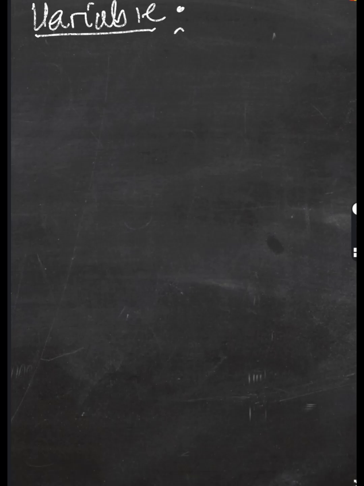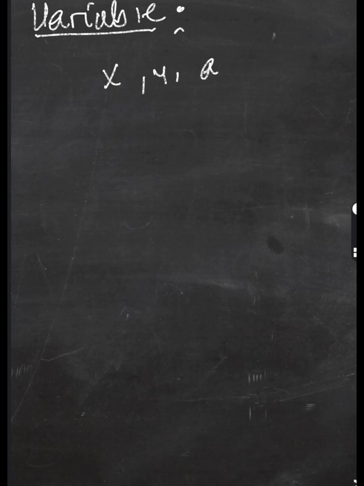Today I will start with some definitions of algebra, and the first one is variable. It is a letter that represents an unknown value or a changing value, like X, Y, A, and so on.